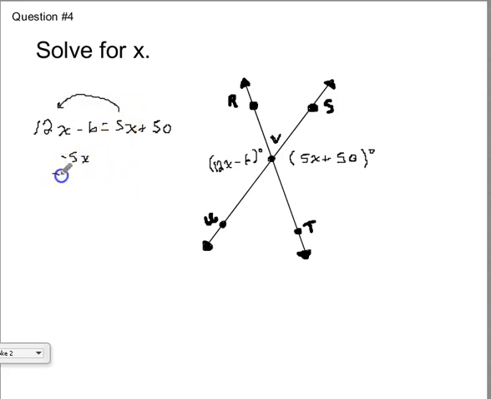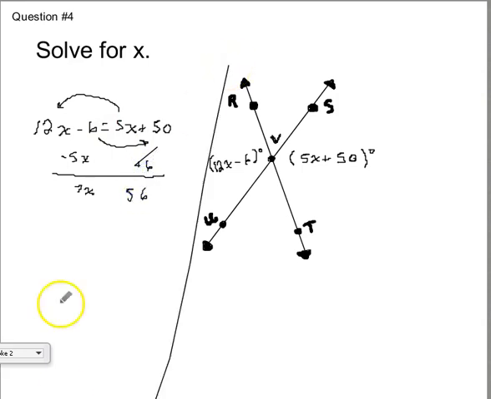If we were doing proofs, we could say this is the subtraction property of equality. Add the 6, that's going to be 56. So 7x equals 56. So x equals 8.